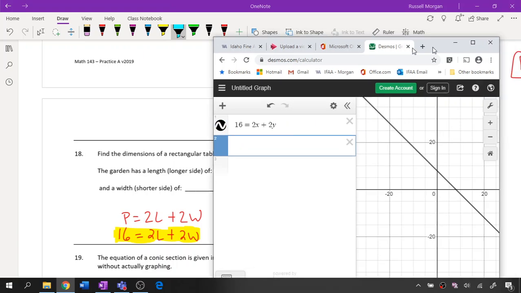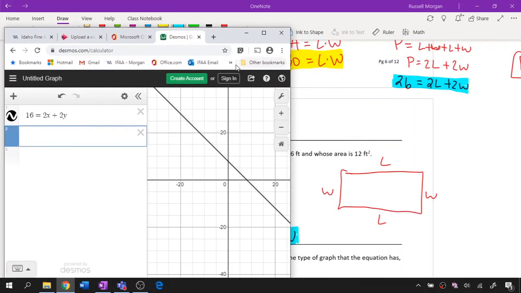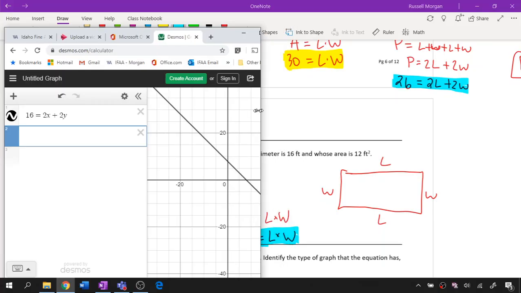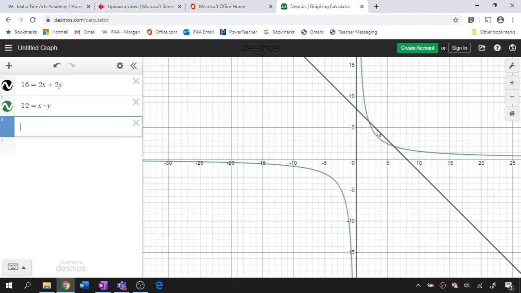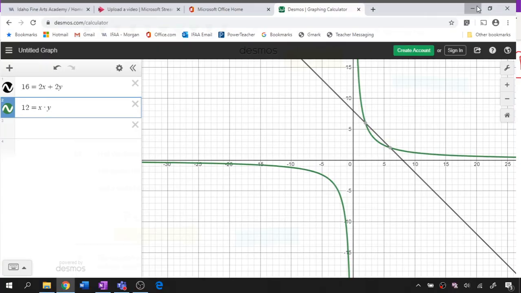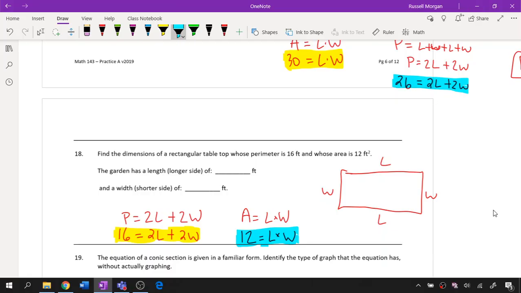And then let's go over here and let's do this other one. There we go. It was what? 12 equals x times y. And again, we get a similar picture here, but the key is, where do those two things meet? It looks like they cross at 2, 6 or 6, 2. So it looks like one of our answers is 2 and one of our answers is 6.